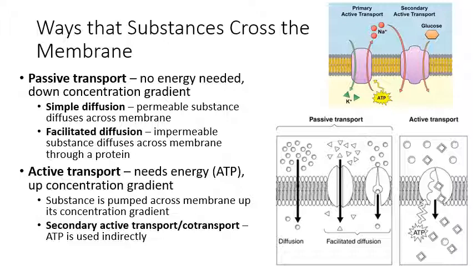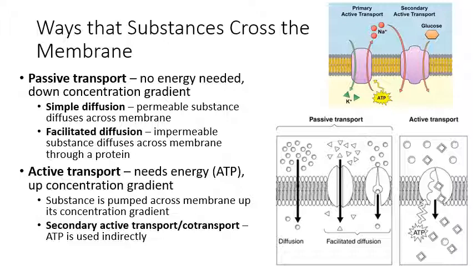In simple diffusion, you have a permeable substance that is able to cross the membrane normally, and it's just going to diffuse across the membrane from the side where you have more to the side where you have less. In facilitated diffusion, you have an impermeable substance. So it is not able to cross the membrane by itself, or maybe it can cross only a little bit, like water or glycerol can, but the cell needs a lot of it to cross.